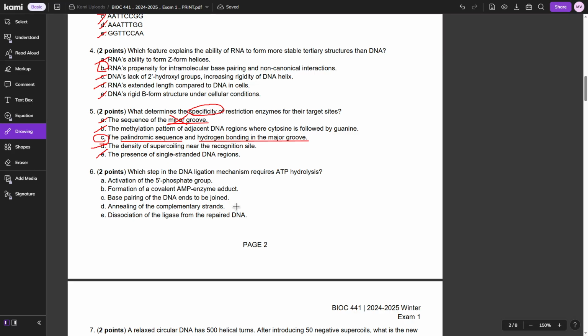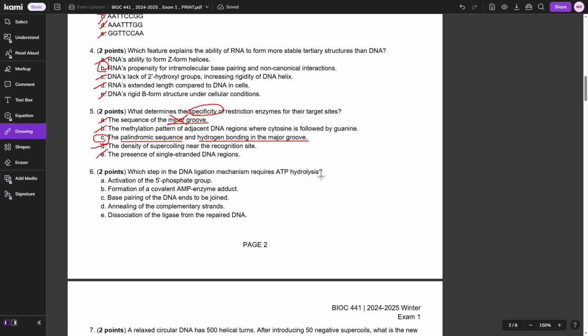I believe it's the 5' phosphate of one of them, but the 5' phosphate basically attacks the enzyme, and then the enzyme becomes a really big leaving group, and so you can use the OH of the 3' end of the broken DNA to attack the enzyme, kick out the enzyme, and then regenerate the bond.